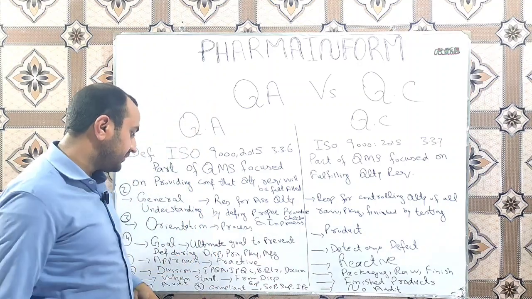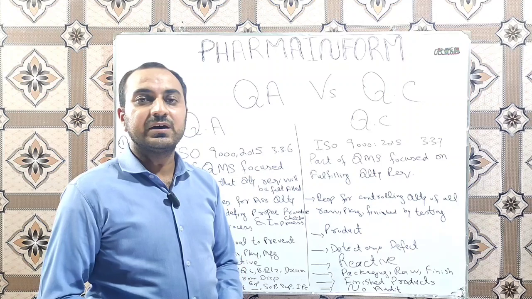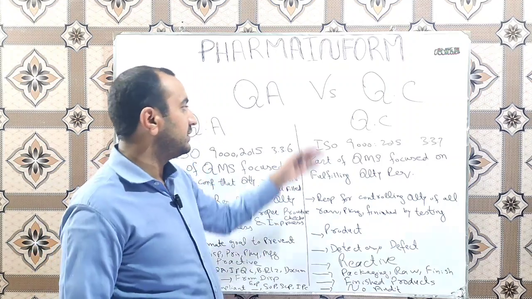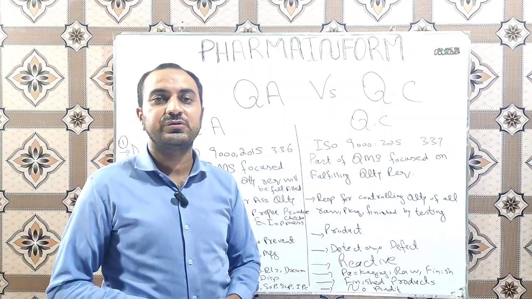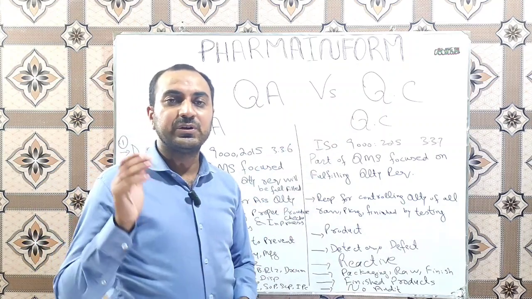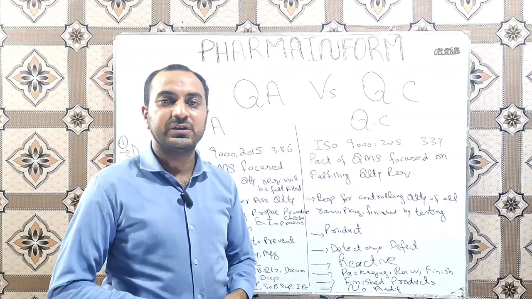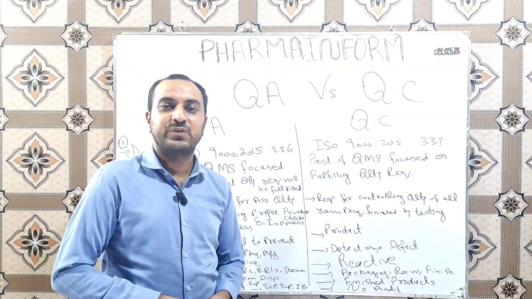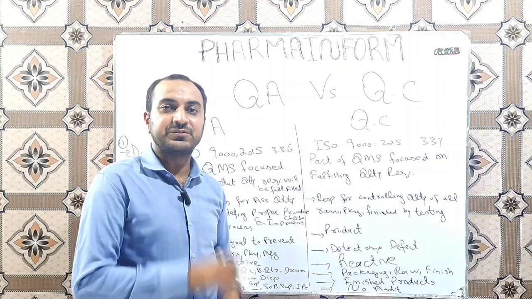The next one is when the responsibilities or functions of QA start and when the working of quality control starts. The responsibility or working of quality assurance starts from the first step of manufacturing, which is dispensing.